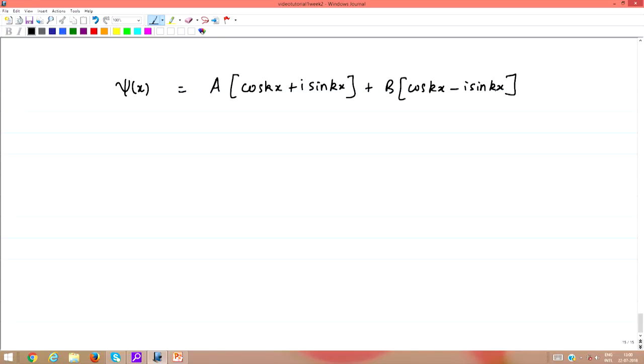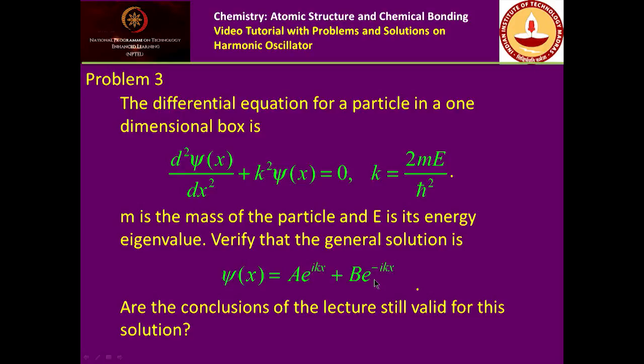Okay. We want to find out whether the conclusions of the previous lecture using the cosine and sines, are they valid using these functions. Okay. So, let us go back to the form and see if that is true.